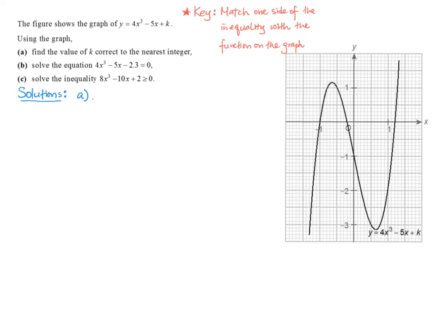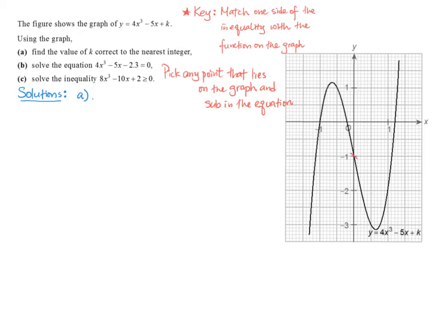Now for part A, we want to find the value of k, which is an unknown missing in the function. It's a constant. So how do we use this graph to help us? This part is easy. You can just pick any point on the graph and put it into the equation. Then you can solve for k. But which point is easier?